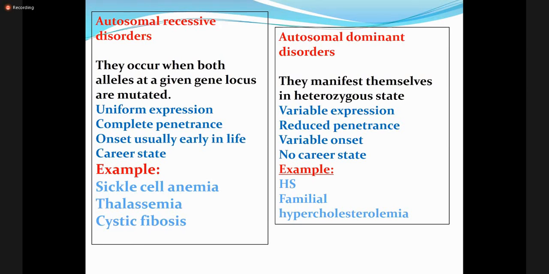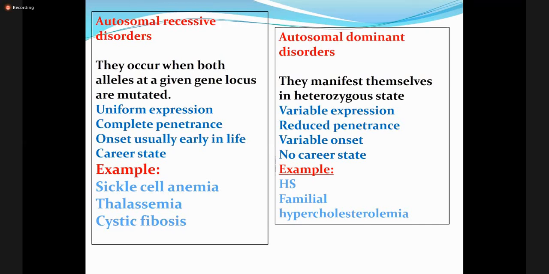Then sickle cell anemia, the same happens with sickle cell anemia, the same with cystic fibrosis, that these are autosomal recessive disorders. What happens in autosomal dominant disorder? There is variable expression, reduced penetrance. इसकी example में हमने hypercholesterolemia बहुत डिटेल में पढ़ा है in the first year.